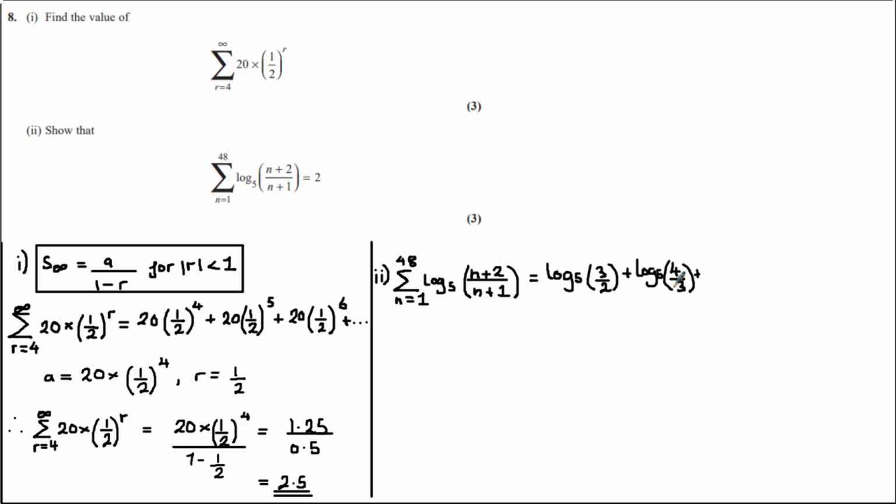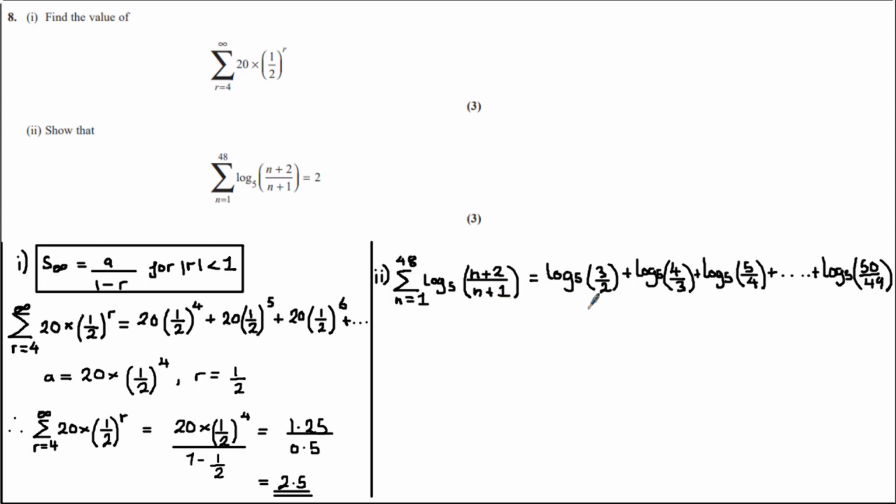So we get log base 5 of 4 over 3. Subbing n equal to 3 into this expression, we get log base 5 of 5 over 4. And if we keep substituting terms all the way up to n equals 48, we get log base 5 of 48 plus 2, which is equal to 50, over 48 plus 1, which is equal to 49 in the denominator.